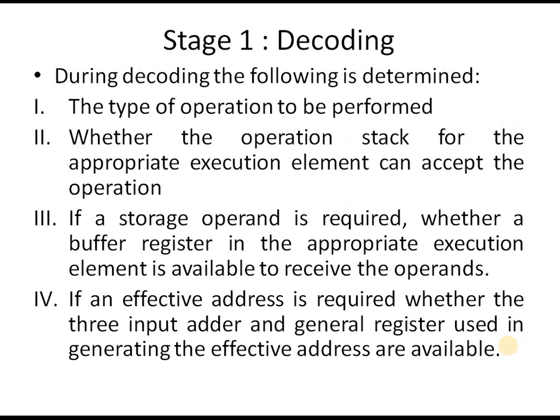Stage 1. Decoding. During decoding, the following is determined. First, the type of operation to be performed. Second, whether the operation stack for the appropriate execution element can accept the operation. Third, if a storage operand is required, whether a buffer register in the appropriate execution element is available to receive the operand, or if a store operation is specified, whether a store address register is available in the main storage control element.